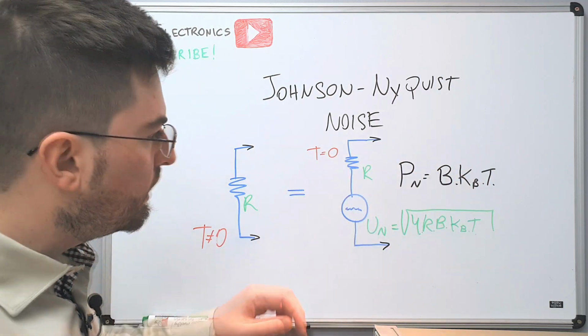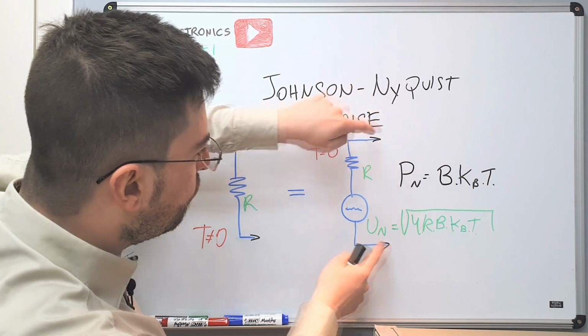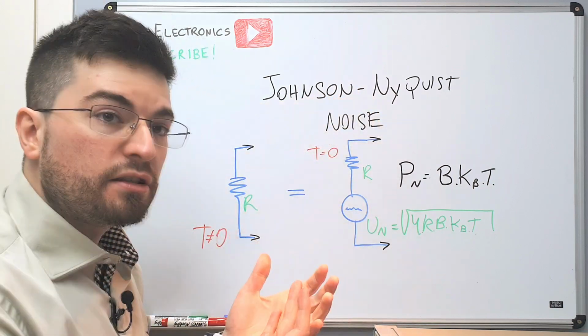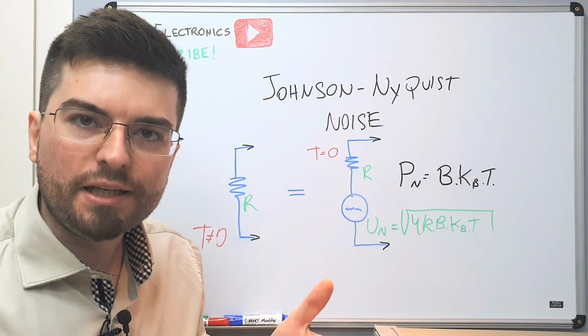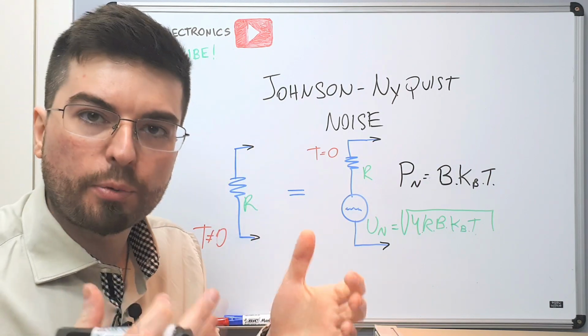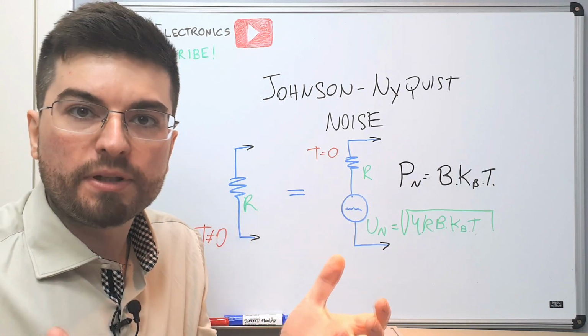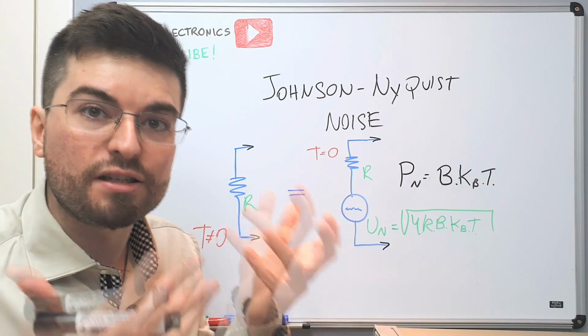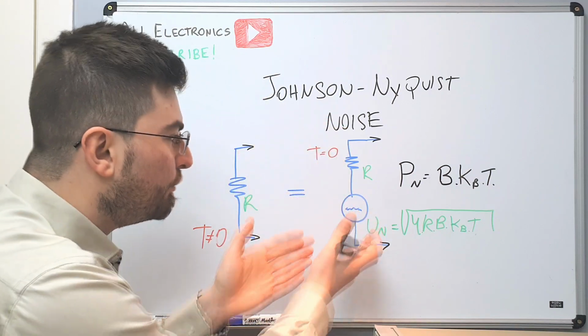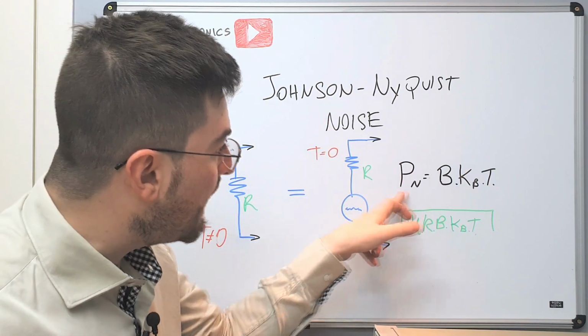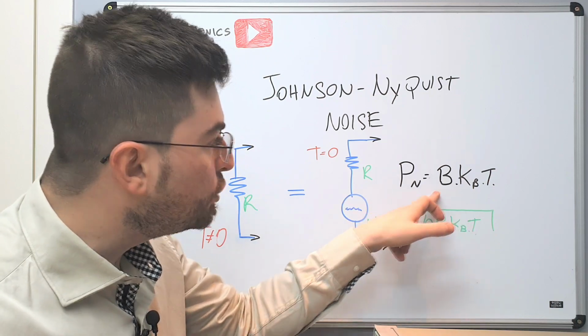This can be easily calculated by calculating available power over this structure here. This makes total sense because the thermal noise is a property of the physics, is a property of the world, is a property of the universe. Thermal noise is not a property of the circuit definition, the resistor, the voltage.